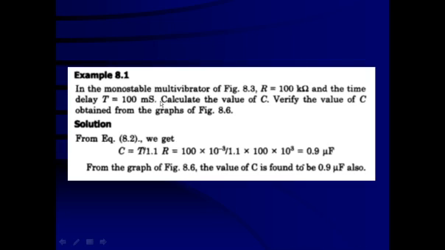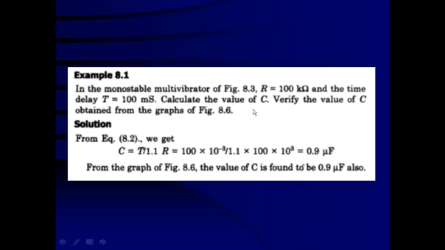Now related to this, there is one example. Depending upon the necessary duration of the pulse, you require a certain value of the capacitor and resistor. So one resistance or one capacitor is given to you, and you have to find out the value of the other one. In the monostable multivibrator of figure 8.3, R is equal to 100 kilo ohms and a time delay T of 100 millisecond is required.